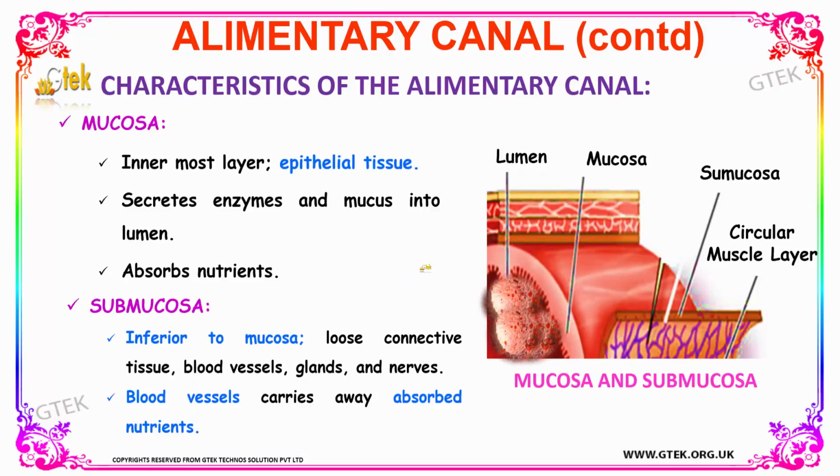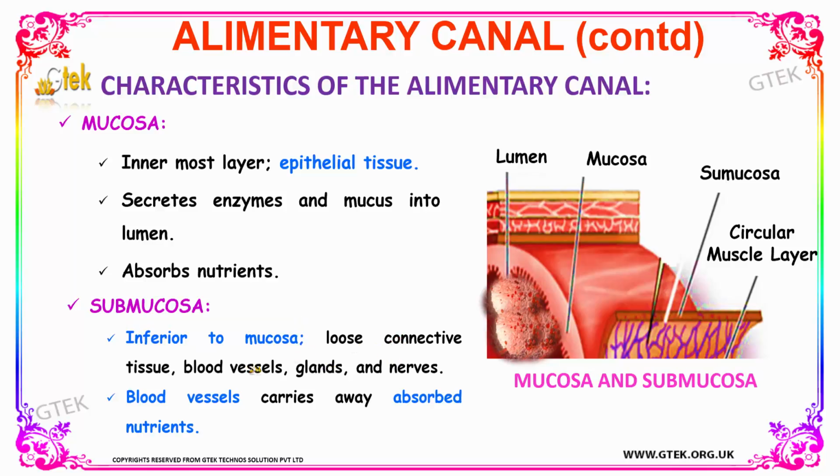So let us see a few characteristics of the alimentary canal. Your mucosa is the innermost layer of the epithelial tissue. It secretes the enzymes and mucus into the lumen. And this mucosa is the layer that absorbs the nutrients. Your submucosa is inferior to the mucosa.